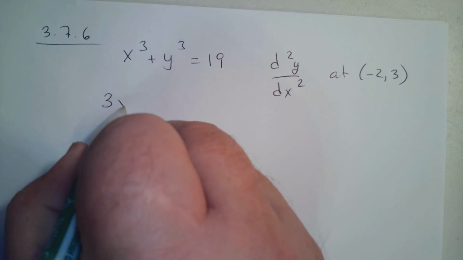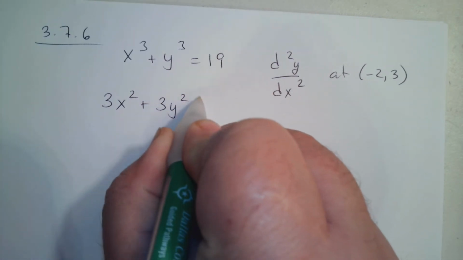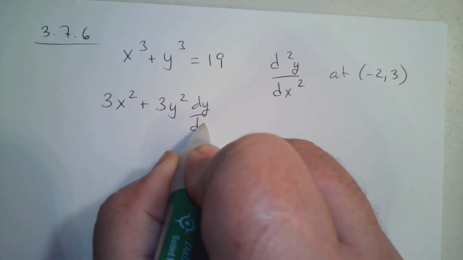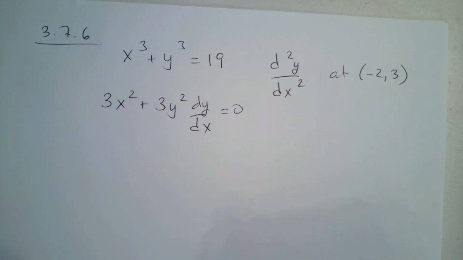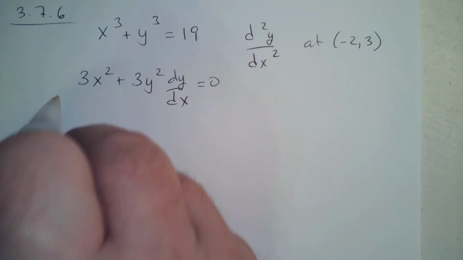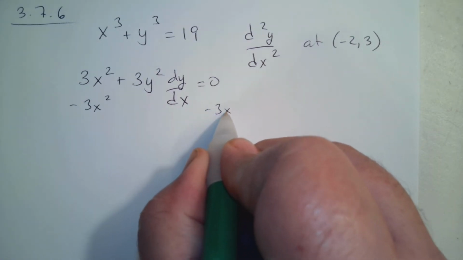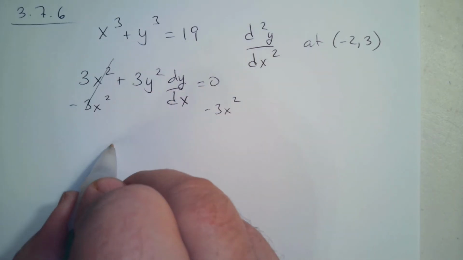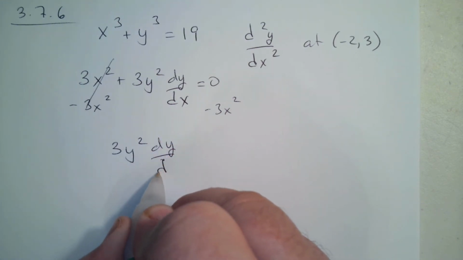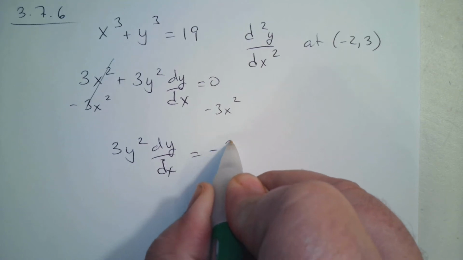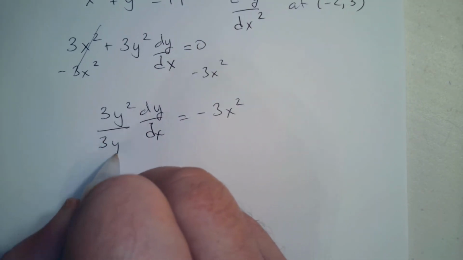So it's 3x squared, 3y squared dy dx equals 0. Move the non-equations out of there, so it's 3y squared dy dx is negative 3x squared. Divide both sides by 3y squared.